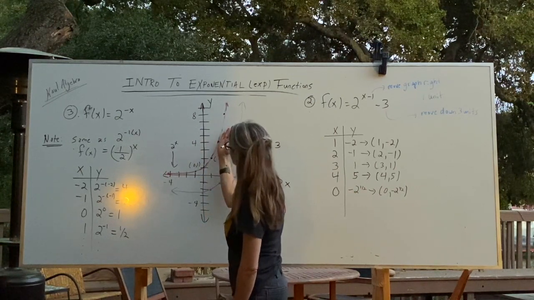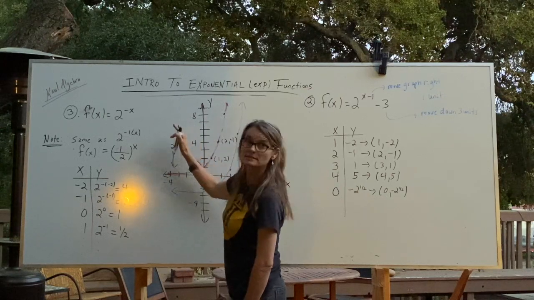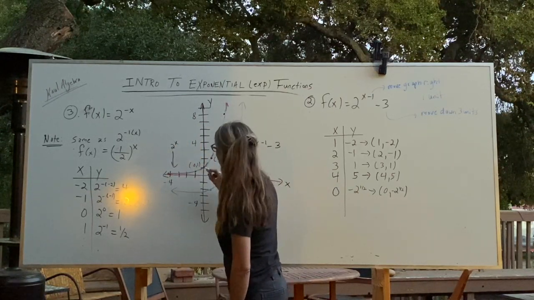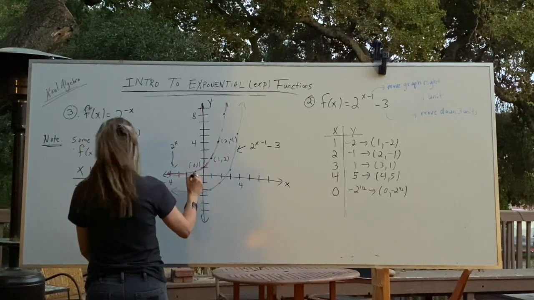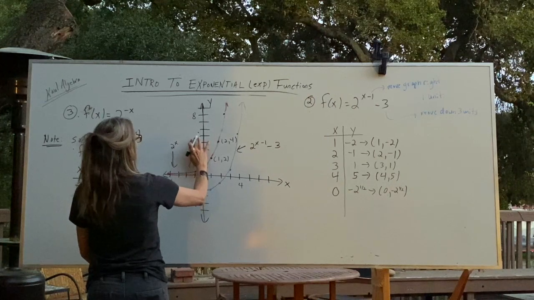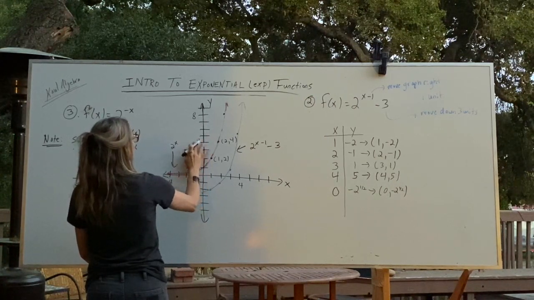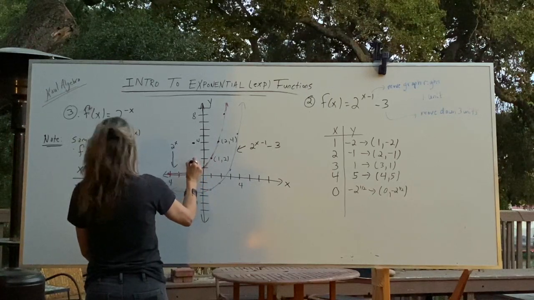So this is my original 2 to the x graph, and it should just reflect across the y-axis. So looking at my points here, I have negative 2, 4, right around here. I'm going to move my 4. Negative 2, 4. I have negative 1, 2.